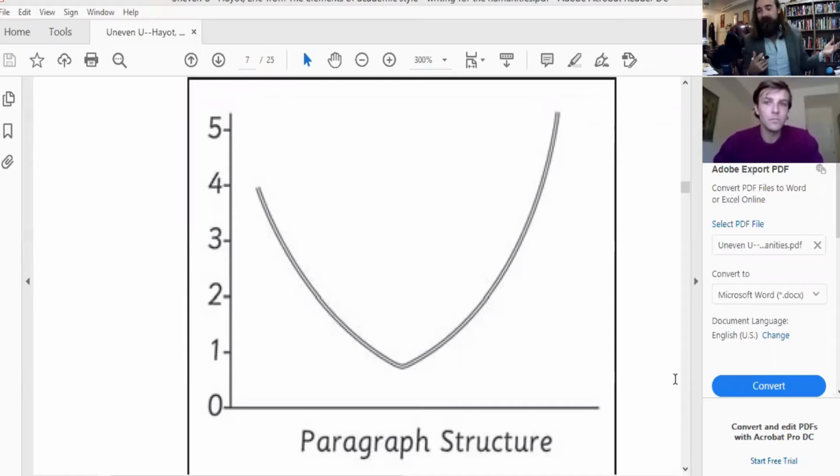Typically, we start out around level 4, which is looking at some sort of problem, go into the teaching of the evidence that we need to understand that problem, and then going into the larger ramifications and moving back up this scale until we get to, here's how we solve the problem, or here's why this matters in a greater context. So naturally we have the start fairly high, dip down, and then work our way on back up.